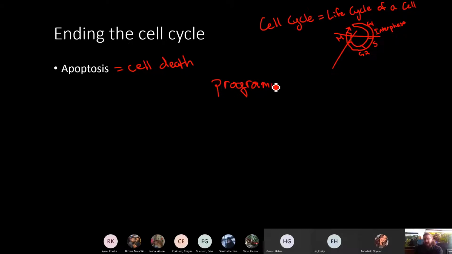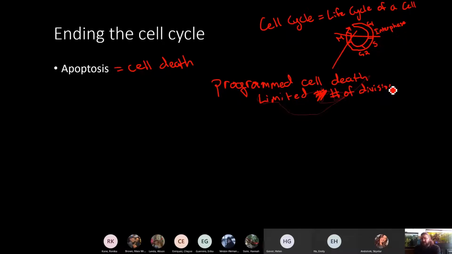The cell ends its own cycle. In other words, you have a limited number of divisions. Or a limited amount of time.